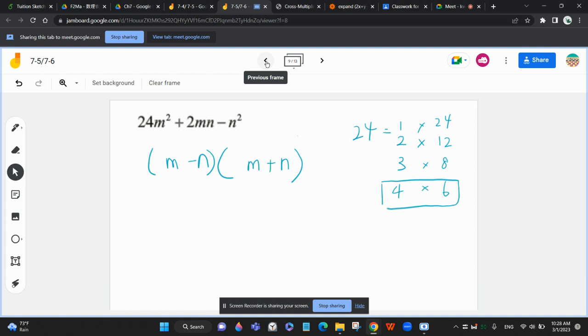And then, for the difference of 2, we notice that it is these 2 that will end up with a difference of 2. So means that if 4 is over here and 6 is over here, then if we multiply the inner terms and the outer terms, here we'll get negative 4mn, here we get 6mn, and then we'll end up with 2mn.